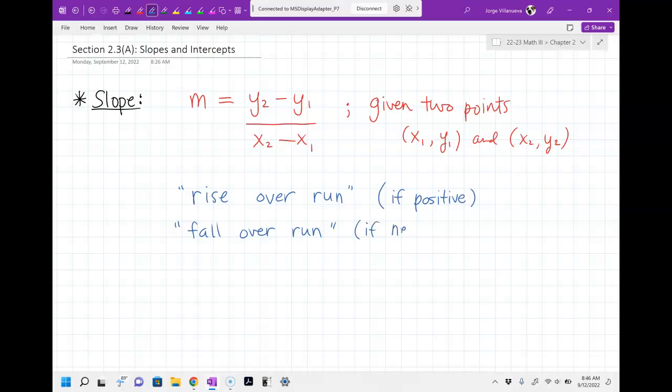What I mean by that is in terms of a picture. I know these are really small, but they're small on purpose. It's not like I'm trying to draw a really nice, clean graph. By positive, we mean a graph that's going uphill. If your line is going uphill, we say it has a positive slope. A negative slope would mean that it's going downhill.